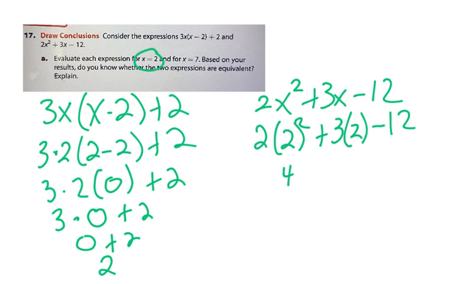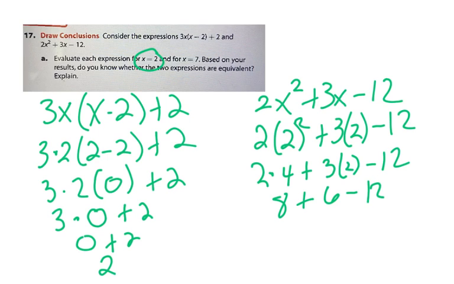So 2 squared is 4. 2 times 4 plus 3 times 2 minus 12. And then I have 2 times 4 is 8, plus 3 times 2 is 6, minus 12. 8 plus 6 is 14. Bring down my minus 12 because I have to work left to right now. 14 minus 12 is 2.